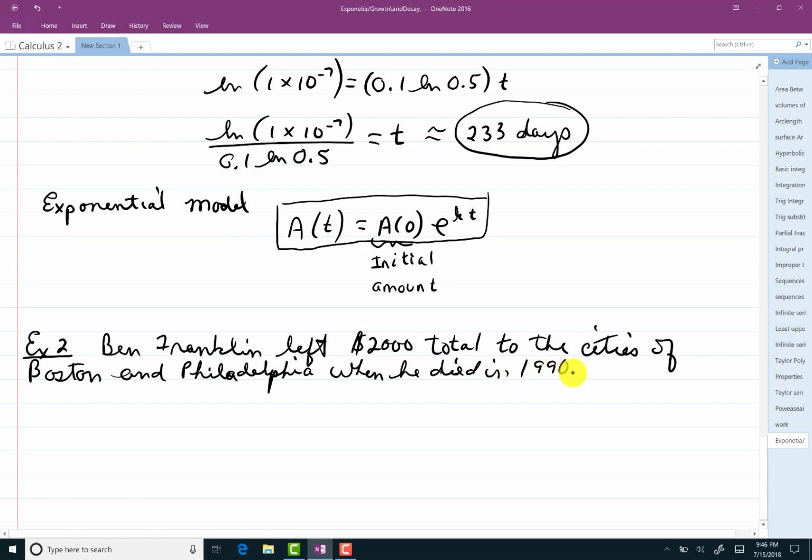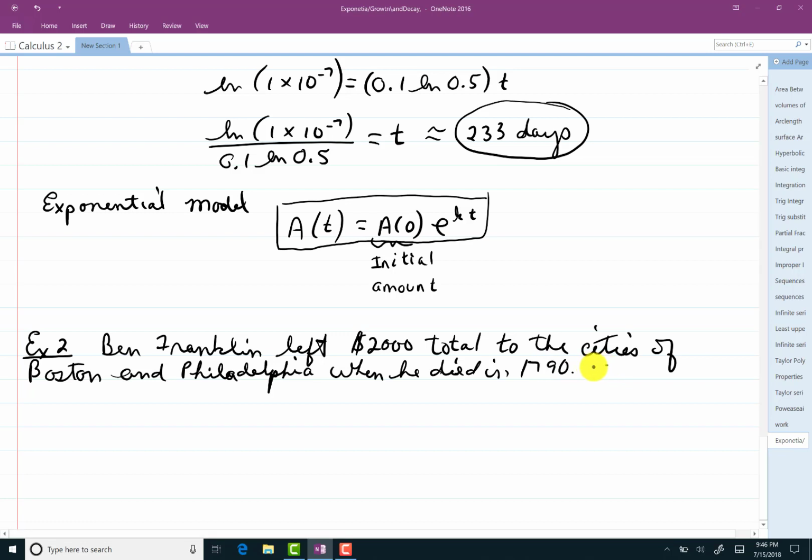He didn't die in 1790, but that is the interesting date. When he died in 1790, he wanted the cities to distribute the money 200 years later, but the money was allowed to accrue compound interest for 200 years.